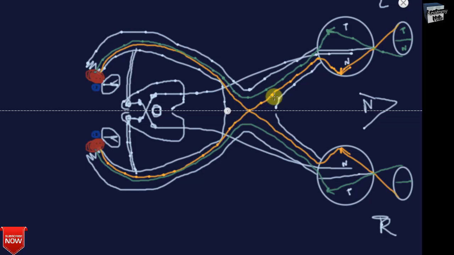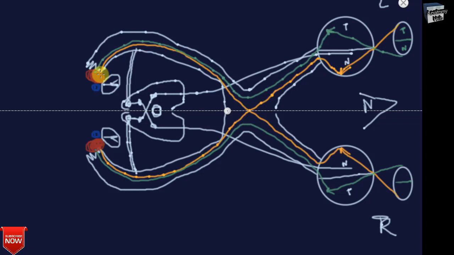Here what we have seen is that most of the nasal fibers from the temporal visual field go through the optic nerve, and inside the optic nerve they decussate and go towards the opposite side of the optic tract, and they relay over here at the geniculate body.